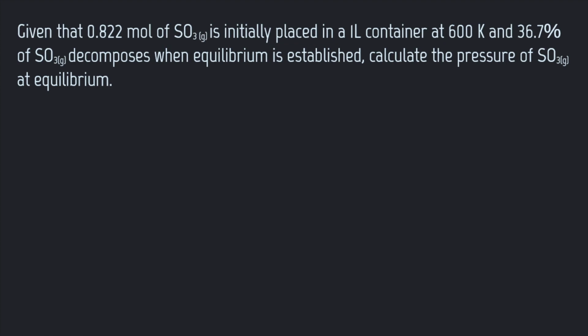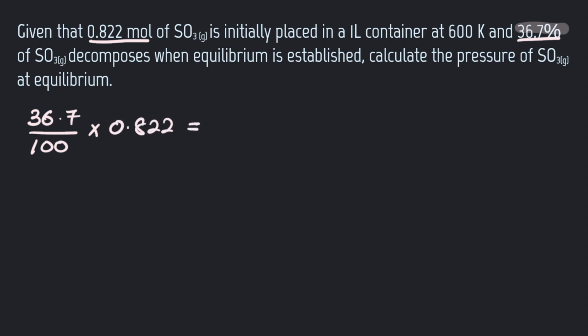Okay, the first thing that you need to do is look at the percentage given to you in the question, 36.7%. So 36.7% of the initial number of mole, 0.822, is being used when it reaches equilibrium.